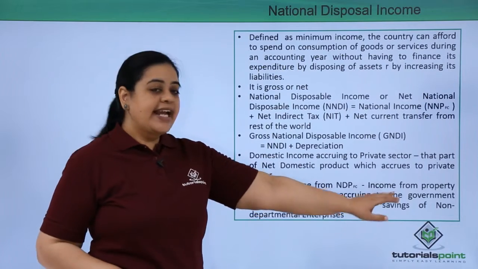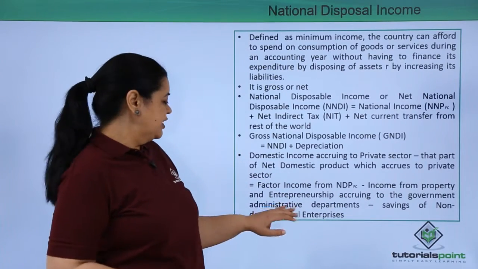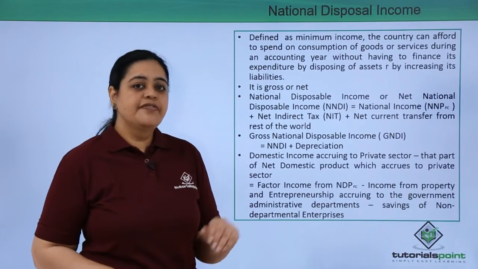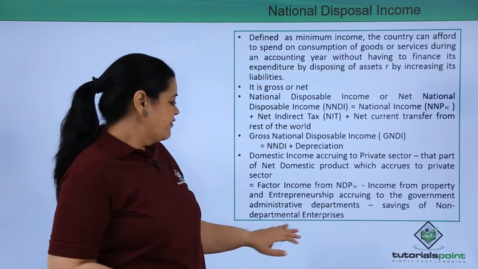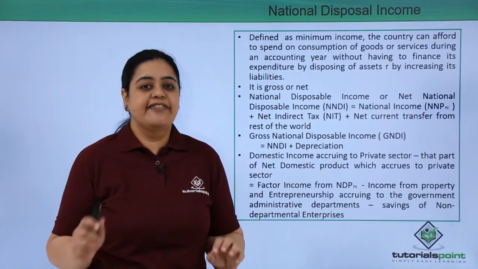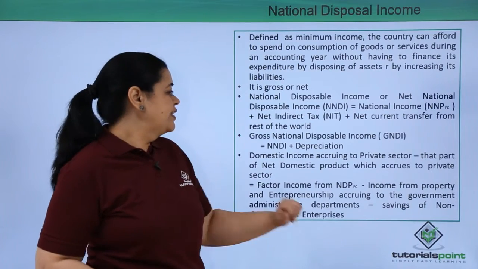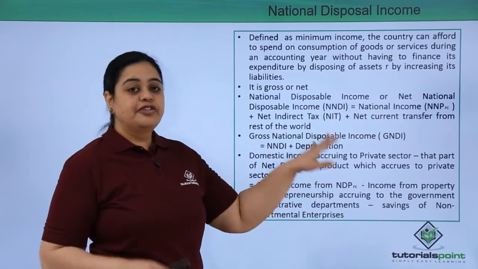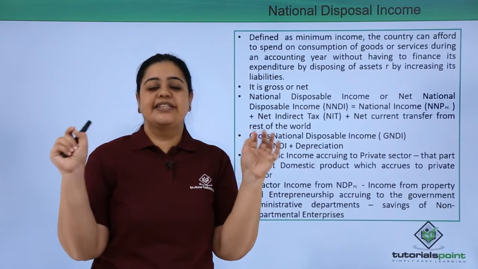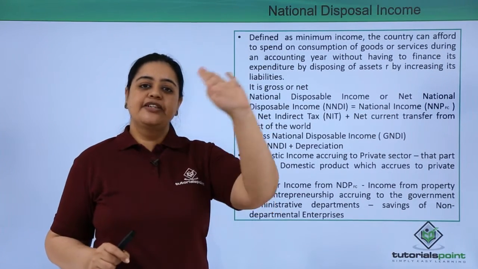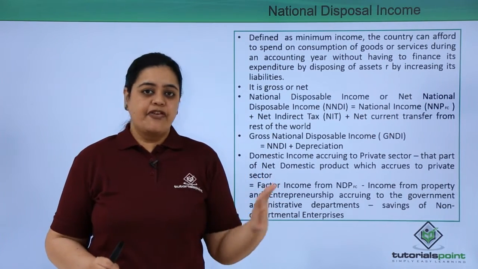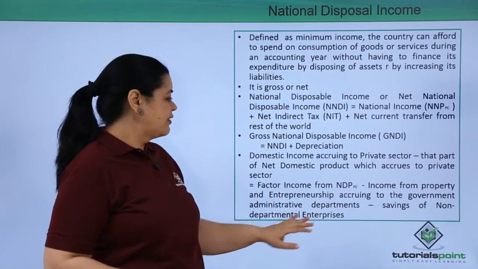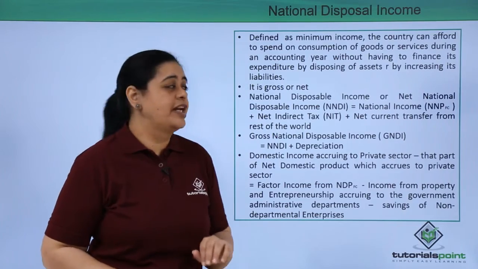We will subtract any kind of income from property and entrepreneurship which is accruing to the government administrative departments, and will also subtract the savings of non-departmental enterprise. So if I have to calculate the domestic income accruing to my private sector, I will use this particular formula.